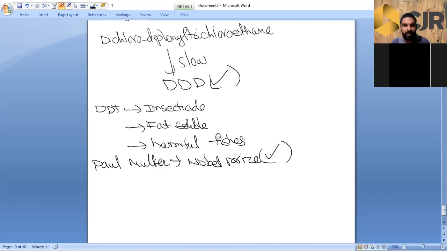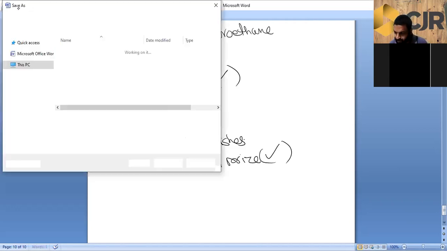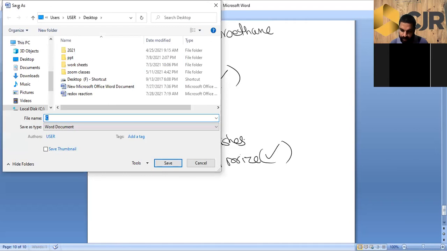But nowadays we face problems because it contains chlorine halogens, and it is harmful to humans also. That's why many countries banned this one. So this is about DDT, our section on haloalkanes and haloarenes properties.